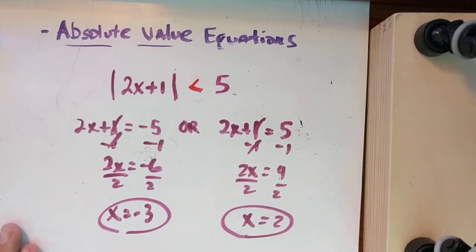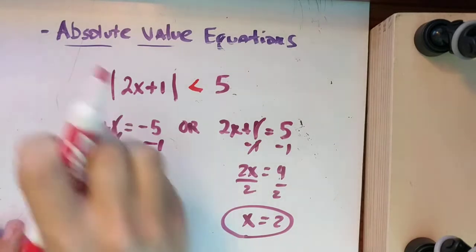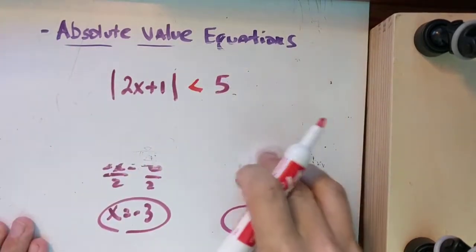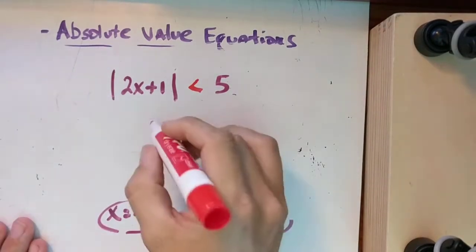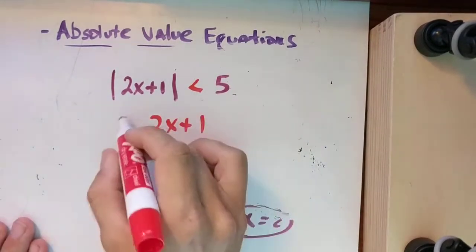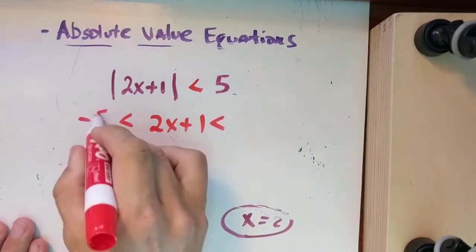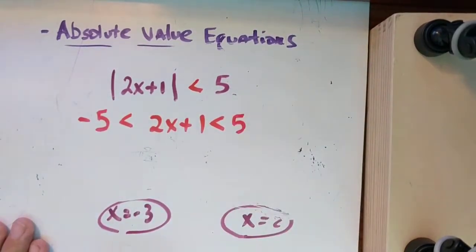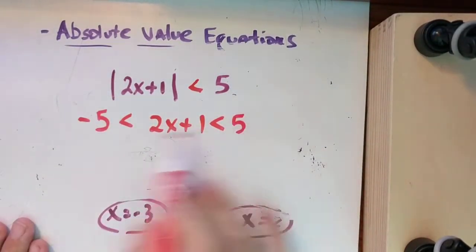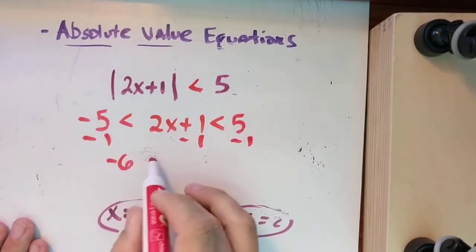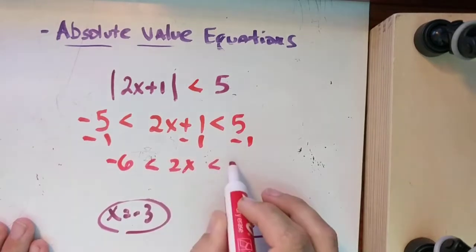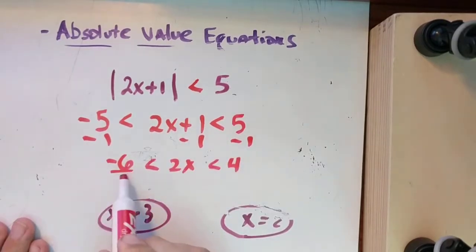So in that case, I'll leave these numbers down here because we'll see them again, but your 2x plus 1 would be between negative 5 and 5. So you could solve this three-sided inequality, if you will, by subtracting 1 from all three sides, and then dividing everything by 2.